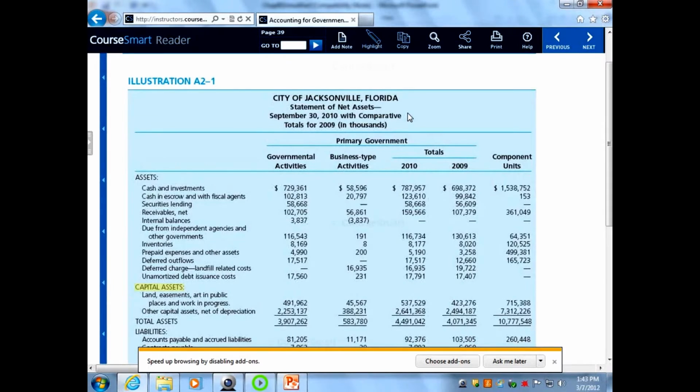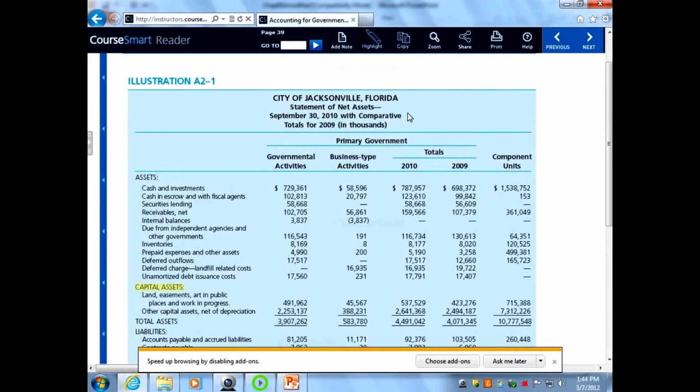A couple of things first, which I'd like you to notice, okay? And I'll stand here. And you don't see the entire statement here. First of all, the title, Statement of Net Assets. Now, these are very minor things, but they're important.